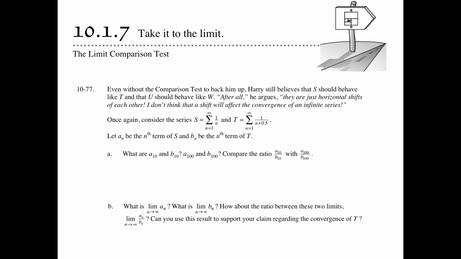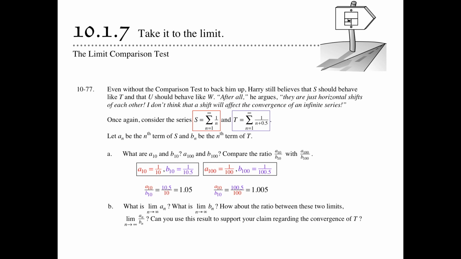Now in problem 10-77, Harry has not completely lost hope that series S and series T will both diverge. So in part A, he considers a few select terms of each series, like the 10th term and the 100th term, and then he compared them using ratios.